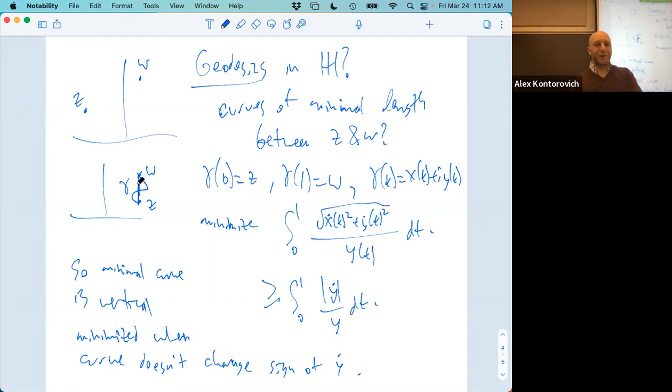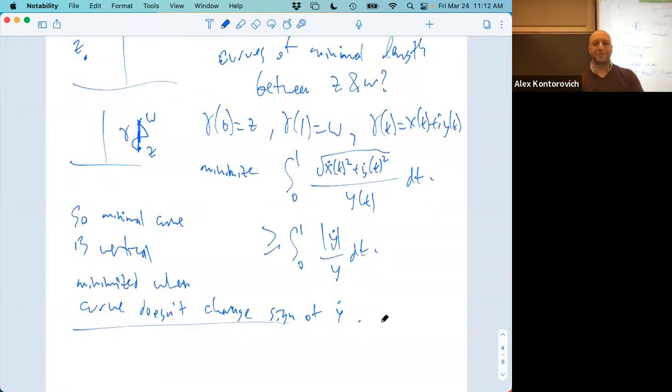You don't want to go up a little bit, back down, and then keep going up on the curve. So the upshot of this is that one geodesic, if z and w have the same imaginary part, the imaginary part of z is equal to the imaginary part of w.